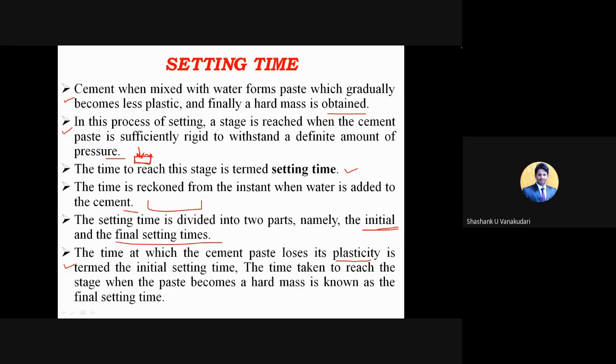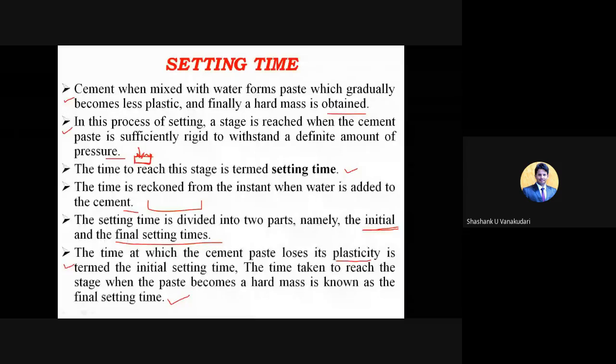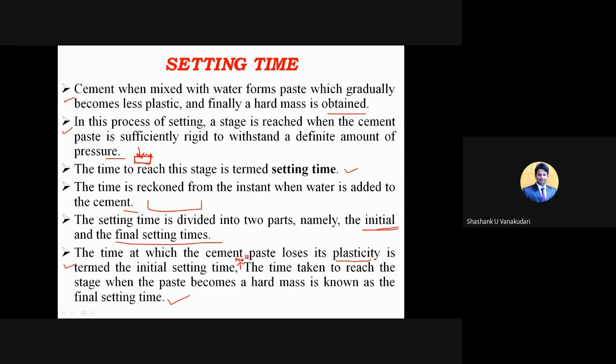Okay, and the time taken to reach the stage when the paste becomes a hard mass is known as the final setting time. So at the initial setting time, it loses its property and turns into a paste formation. Now that paste which becomes hard mass is known as the final setting time.